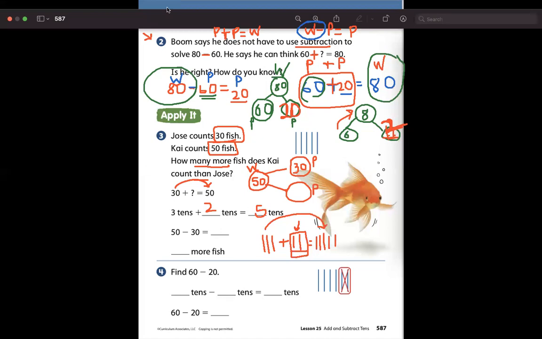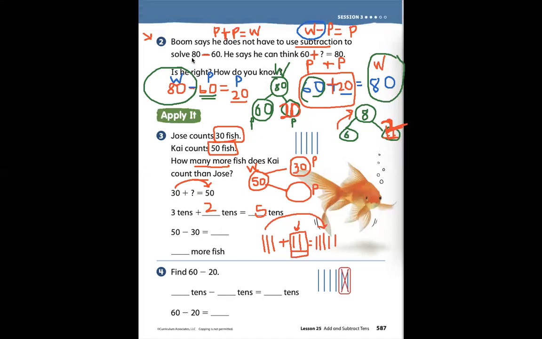Or you could draw the whole, which they've already drawn for us right here. And we have 5 tens. We could circle the part we know. We're circling 3. How many are left? 3 tens and 2 tens equals 5 tens. What's the value of 5 tens?